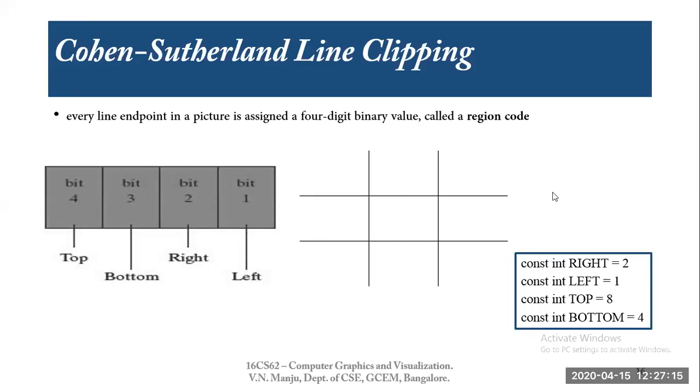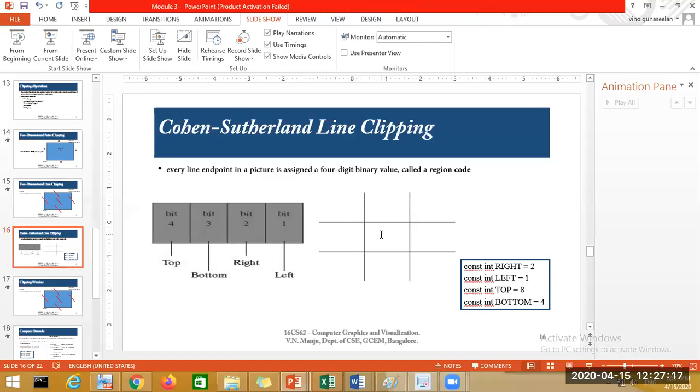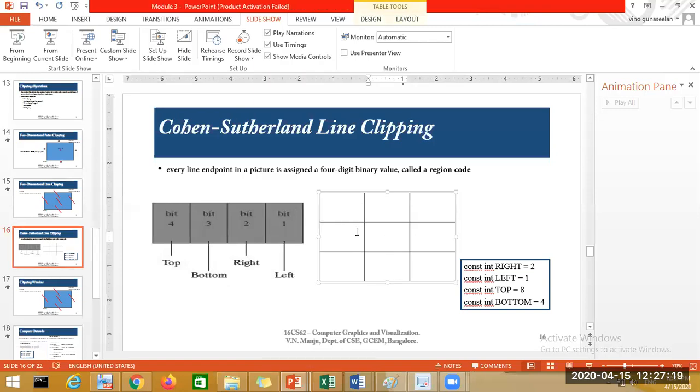So let's see how to do this. In the middle, it is inside, so I will put it as 0000. What is this? This is top. This is bottom. This is left.